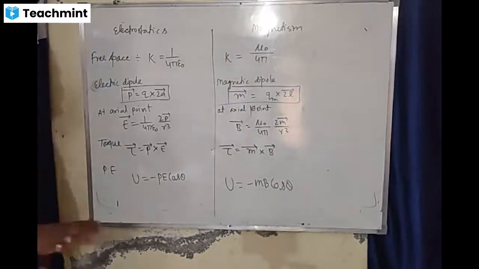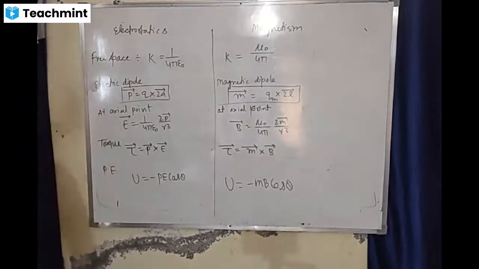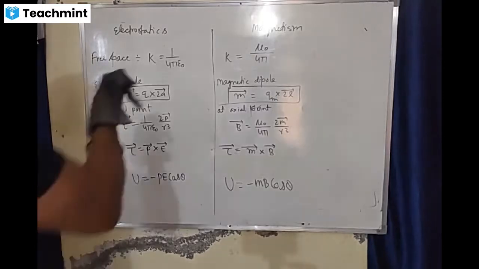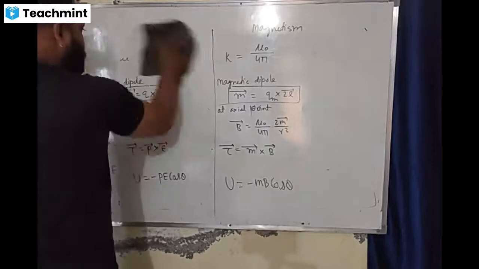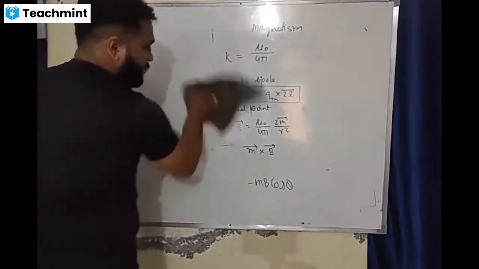Now what we are going to discuss is how a current carrying circular loop will behave as a magnet. This we are going to discuss. So the next thing we are going to discuss is the current loop as a magnetic dipole.